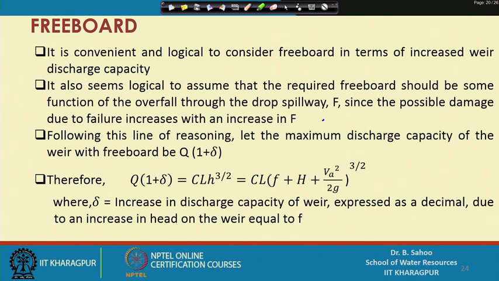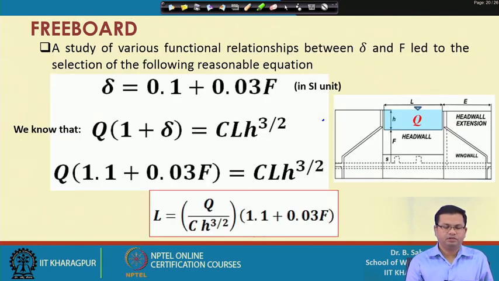So, Q into 1 plus delta is equal to CL h to the 3 by 2, that is CL, and you can replace the small h value as small f plus capital H plus V square by 2g, raised to the power 3 by 2. Here delta is the increase in discharge capacity of the weir expressed as a decimal due to an increase in head on the weir equal to F.